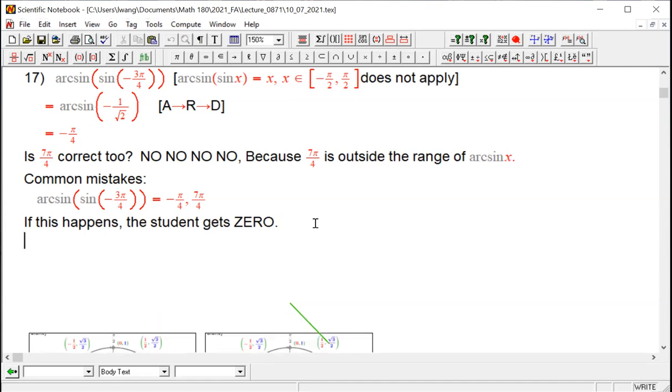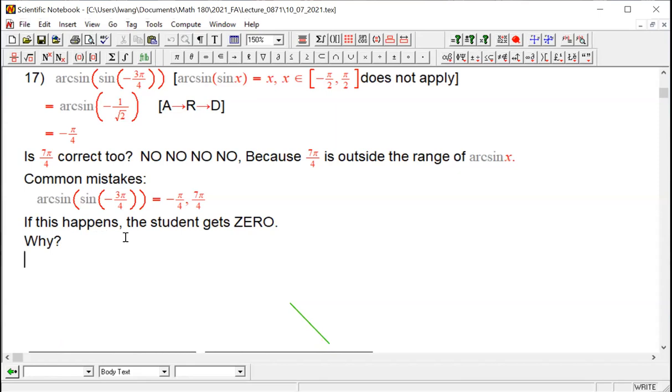Why? Some student will come to us and say, hey, I have a right answer in it. Well, it's true you have a right answer, but you do not deserve any partial credit. Why?